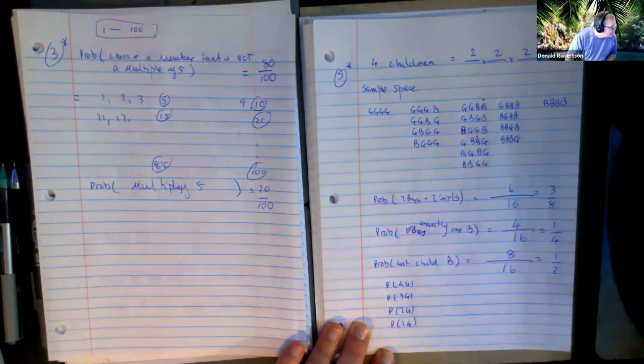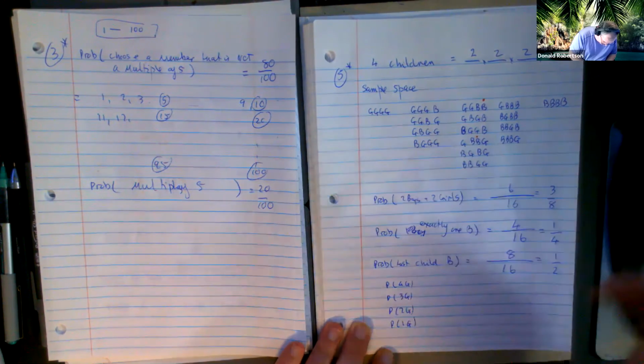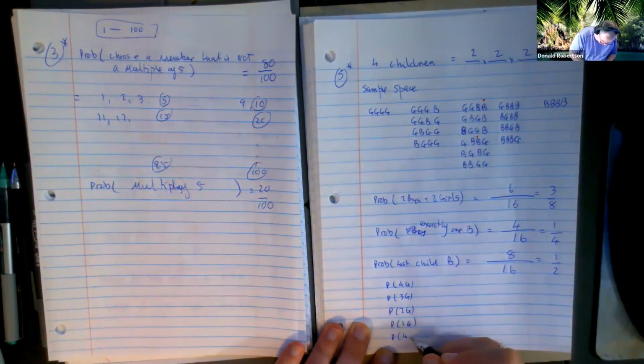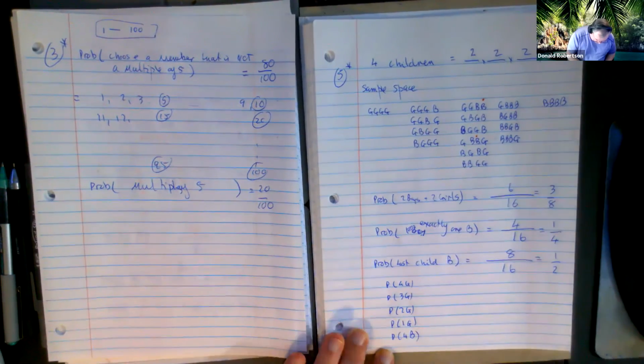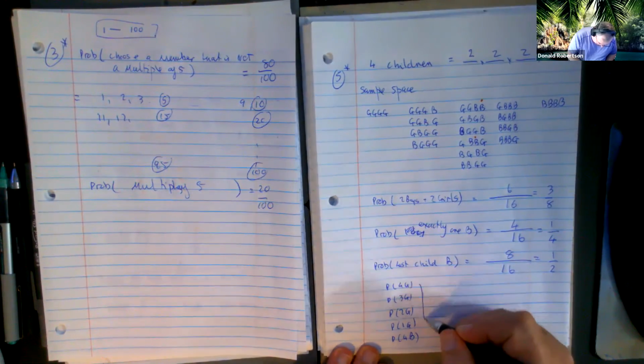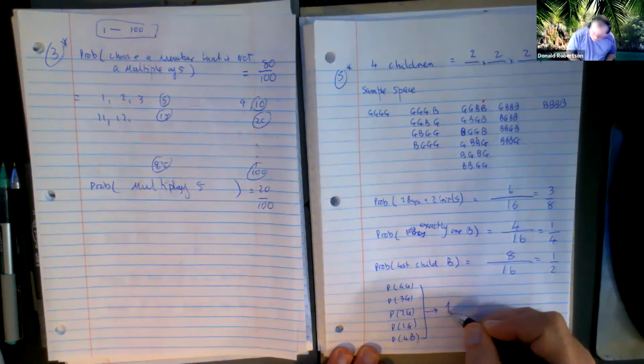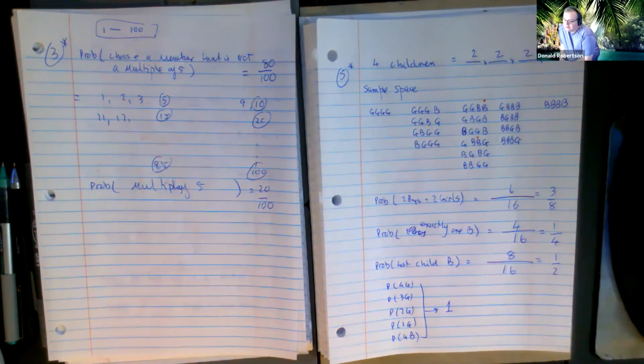And is there anything I missed here? Oh, and 4 boys. That's slightly out of order. Well, when you add all of them together, do you know the answer becomes 1? Because isn't that basically everything that could happen being added together?